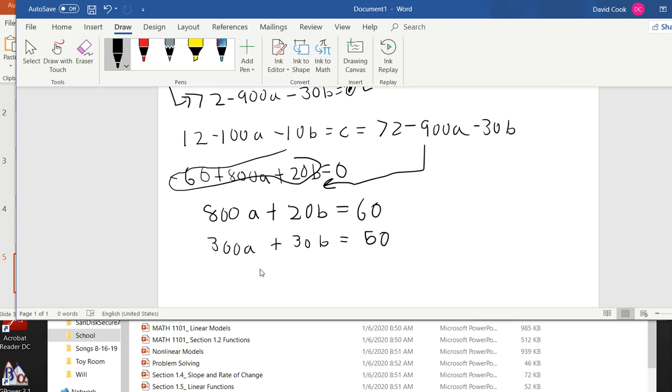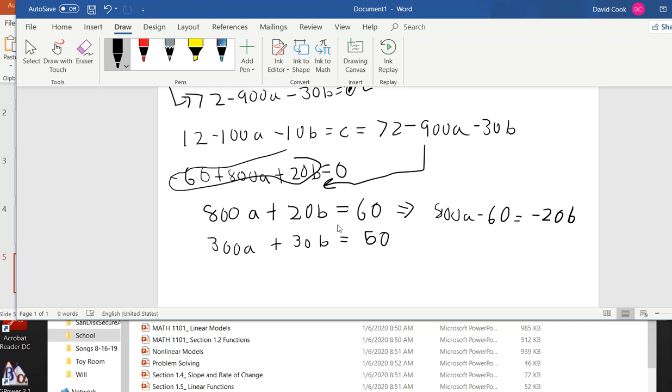Okay? So now I need to solve each of these in terms of B. Let's just do it in terms of B. That'd be the easiest thing to do. Set them equal to each other, and then that's going to give me an answer for A. So for this one here, if I solve for B, that's going to be 800A minus 60 equals negative 20B.